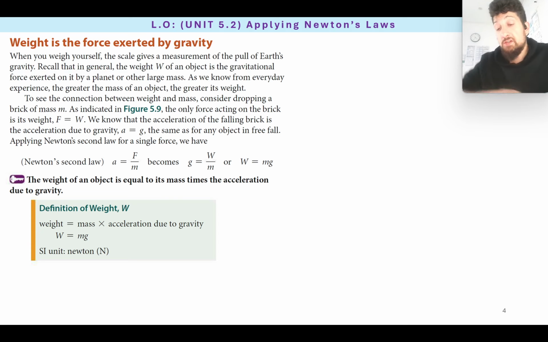So here's a quick revision of something you probably would have encountered in grade 8. So it talks about weight and mass. So obviously mass is the amount of matter inside your body. Mass doesn't change, well, unless you diet and exercise. But mass isn't going to change if you simply go into outer space. If you go to the moon, you'll feel lighter because the weight is less. The pull of gravity on you is less.